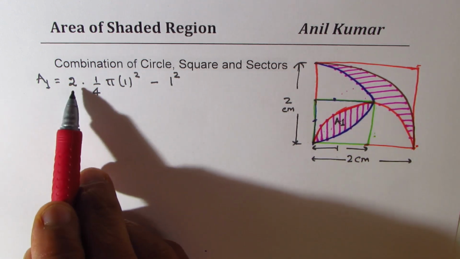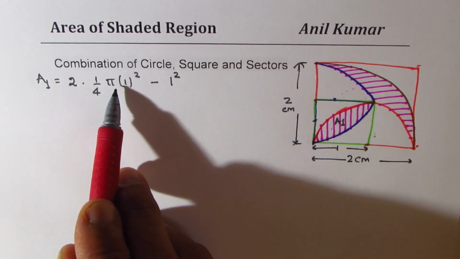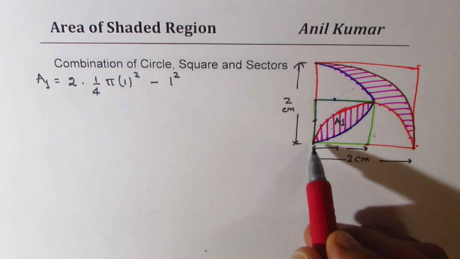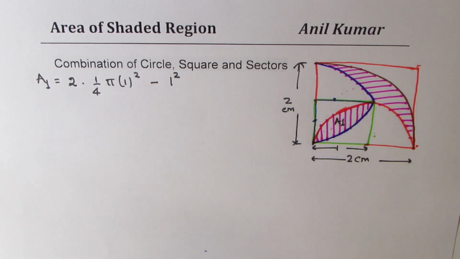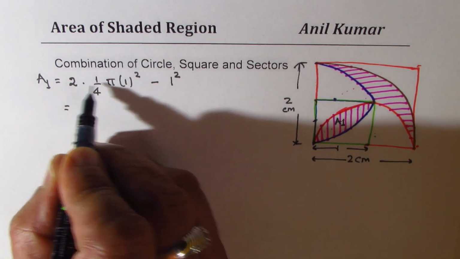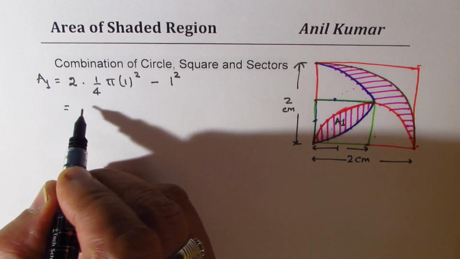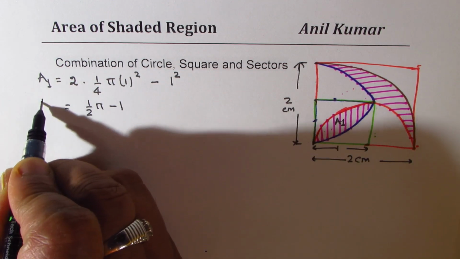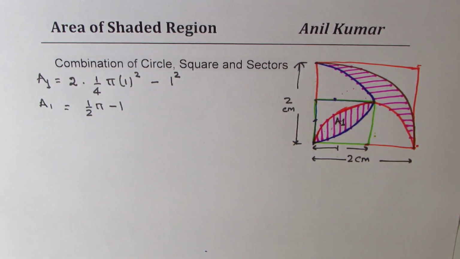So if I add the 2 quarter circles and take away the area of the square, I get the inside area. Is that clear to you? Right? So that's how we find the area of the portion shown. So if you calculate, this becomes half pi minus 1. So the area of the first portion is half pi minus 1.